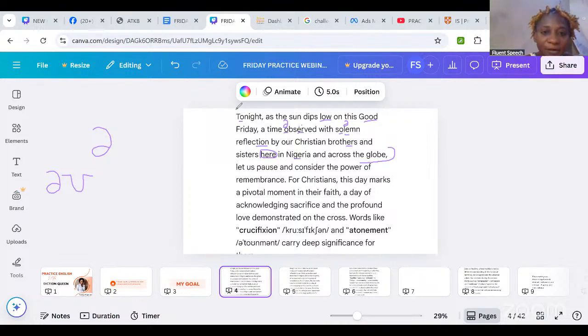So let's take it again from tonight and we stop at globe. Tonight, as the sun dips low on this Good Friday, a time observed with solemn reflection by our Christian brothers and sisters here in Nigeria and across the globe.